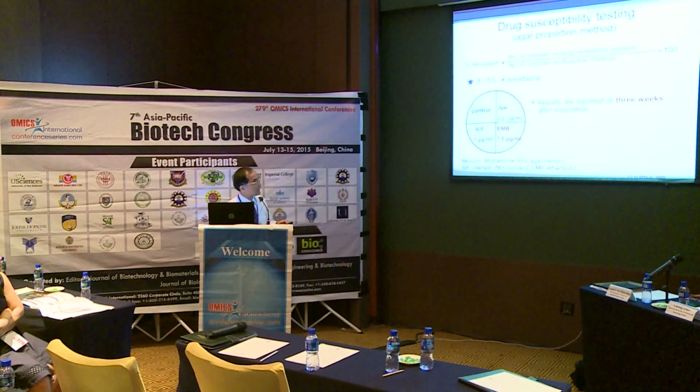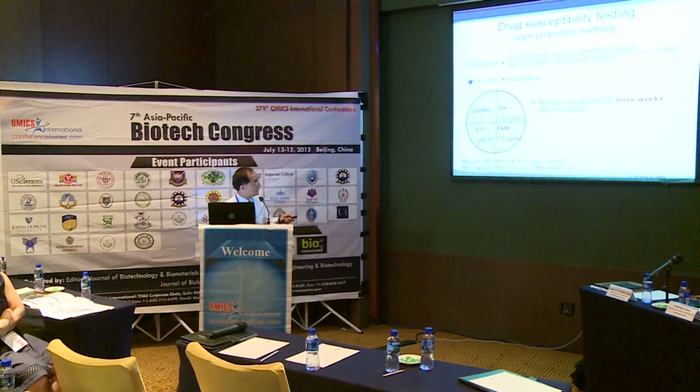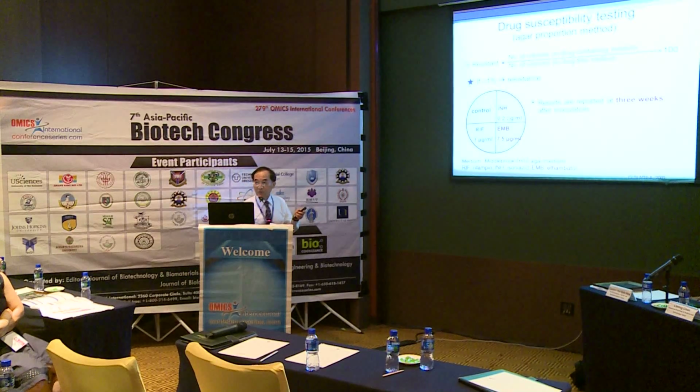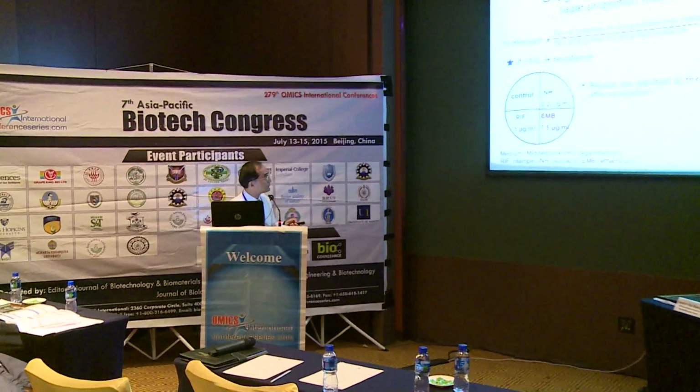And we need to wait for 3 weeks for the TB cells to grow, to observe the results. So the time is a long time, it's 3 weeks. So the efficiency is very low, and the technicians are exposed to high hazard.